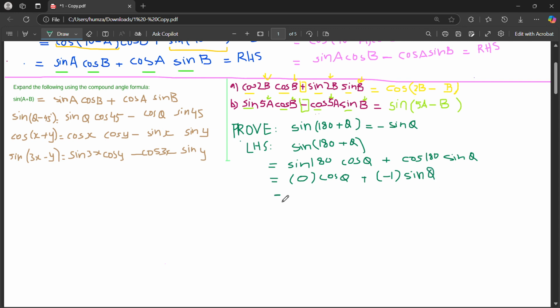Now simplify, and this will become minus sin theta. Hence proved that your left hand side is equal to your right hand side.